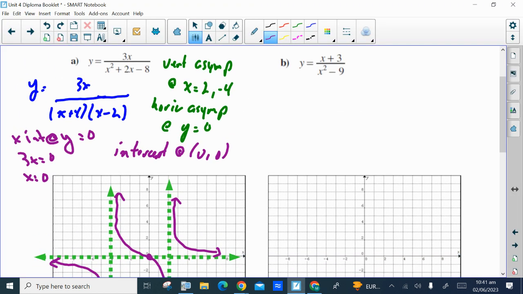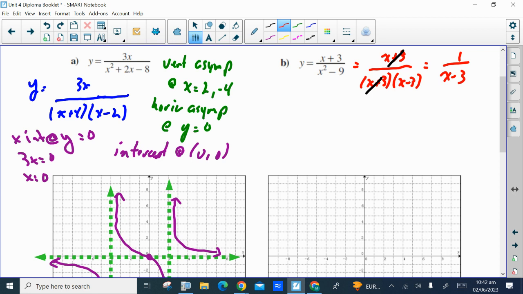So looking at question B. This one can be simplified. The denominator factors to (x + 3)(x - 3). And then the x + 3's would cancel. So the simplified expression would be 1 over x minus 3.